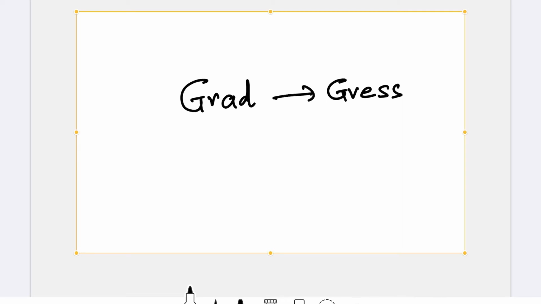So what do grad and gress mean? They stand for steps. So what are the various words in our English language which are derived from this root word grad or gress? Let's see them step by step, one by one.